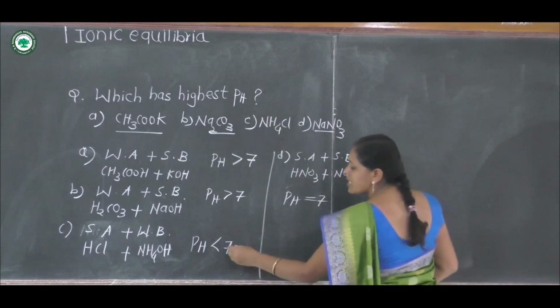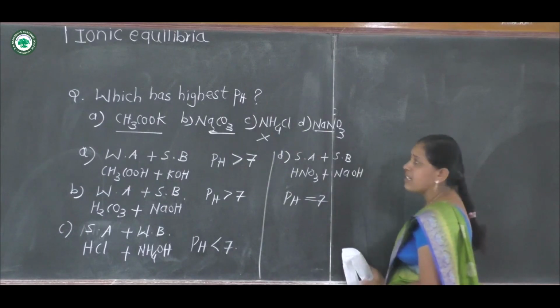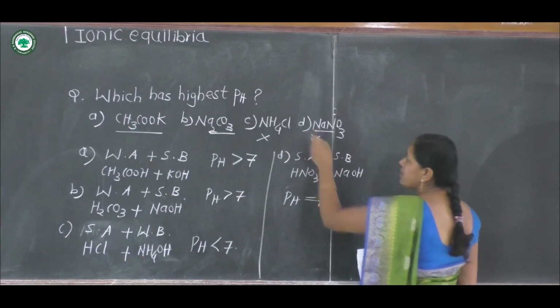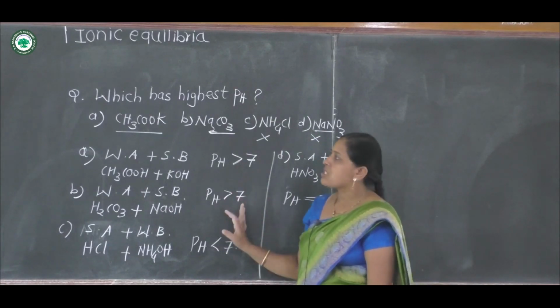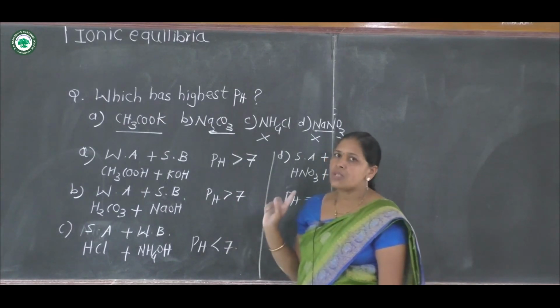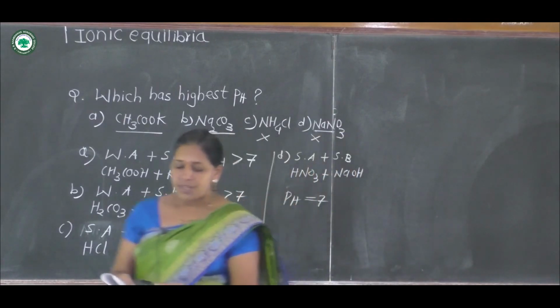Here pH is less than 7, therefore option C is incorrect. pH is 7, NaNO3 is also incorrect. Here two options are remaining, option A and option B, both having pH greater than 7.